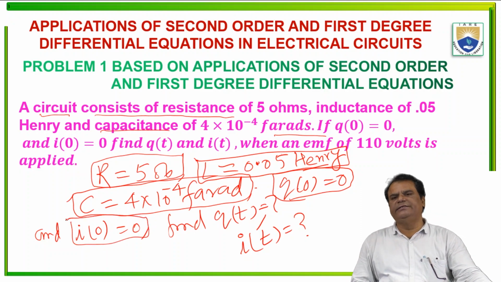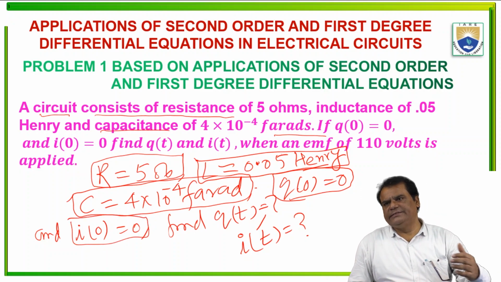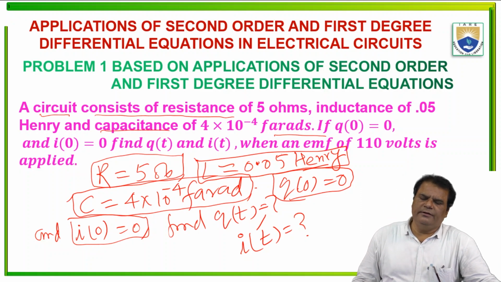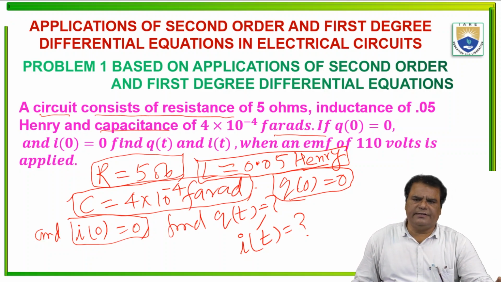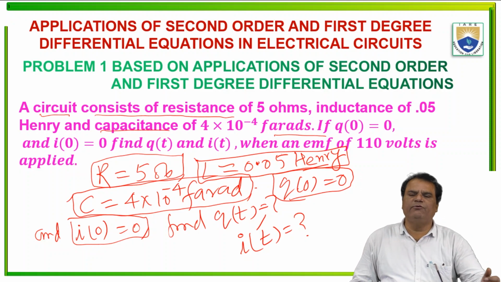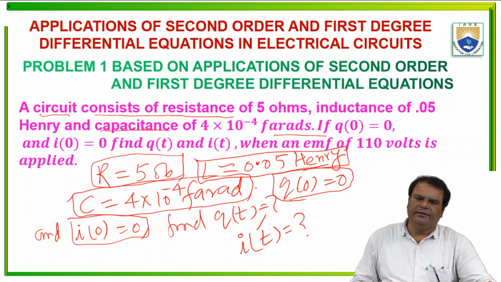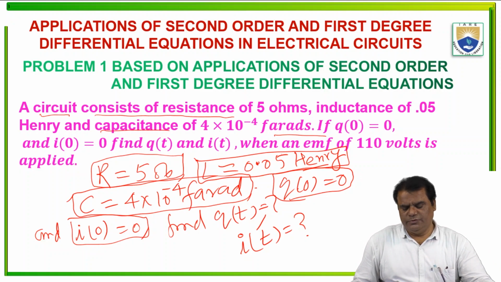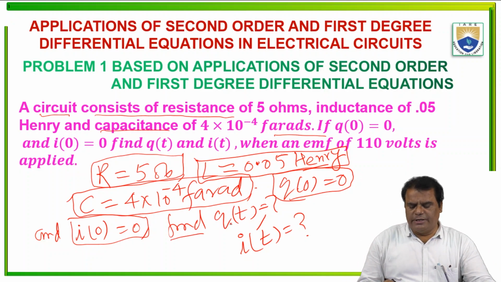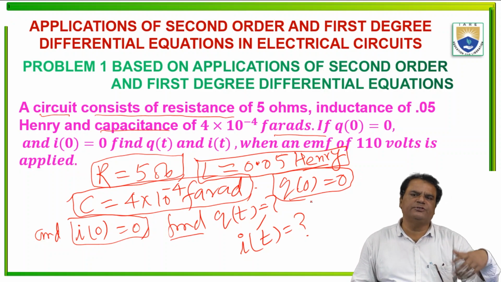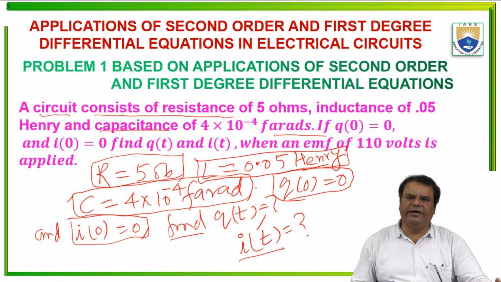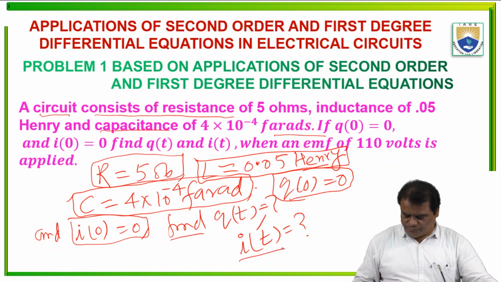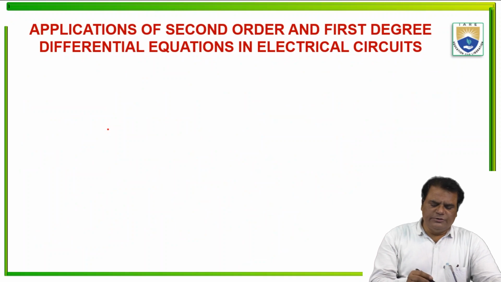After applying these initial conditions in our solution, we find the arbitrary constants, and putting their values back in our solution, we find Q and I. So next we find Q as a function of t, and also I in terms of t. So now let us start the solution.